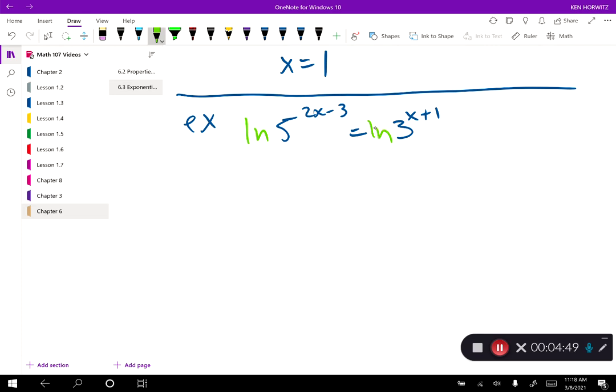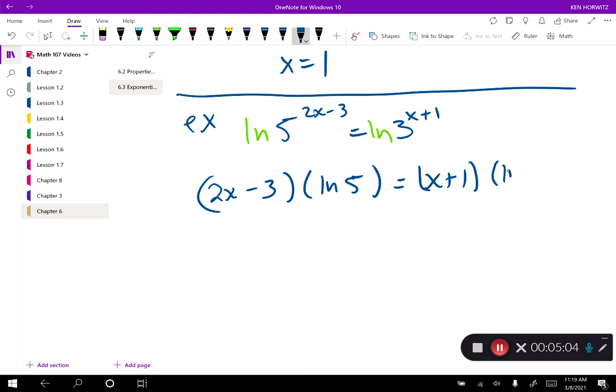The reason we're going to take the natural log of both sides is because now we have a power property that says I can say (2x minus 3) times ln 5 equals (x plus 1) times ln 3.